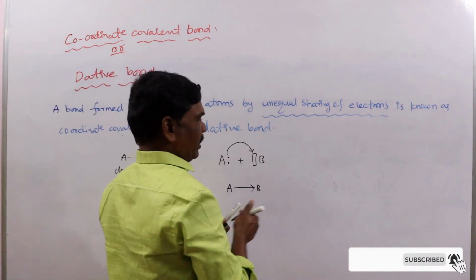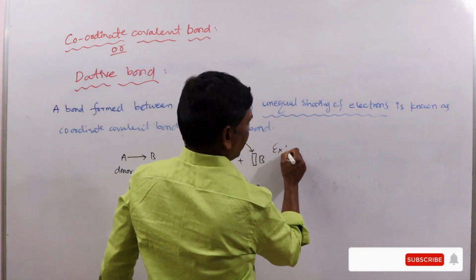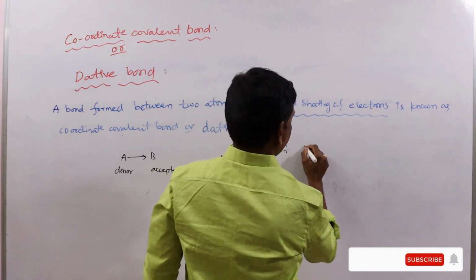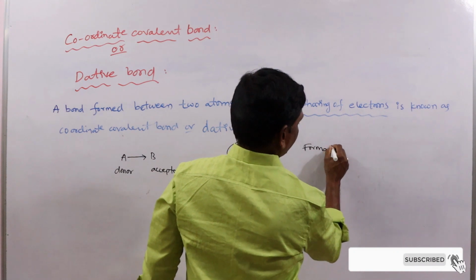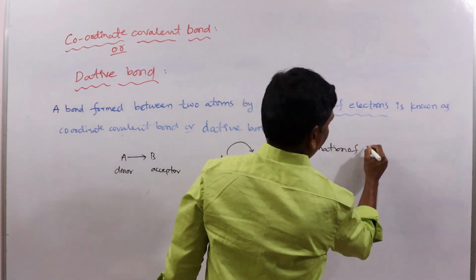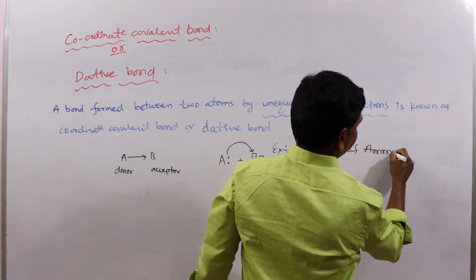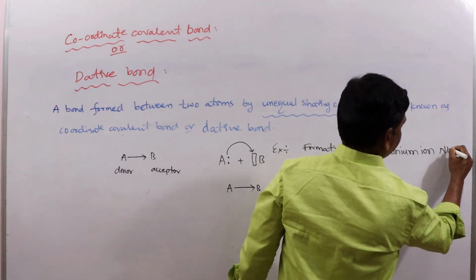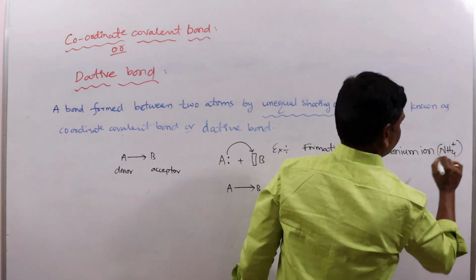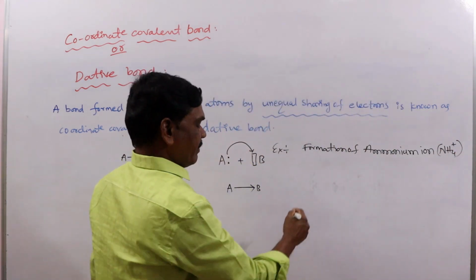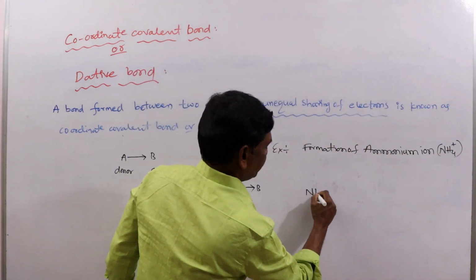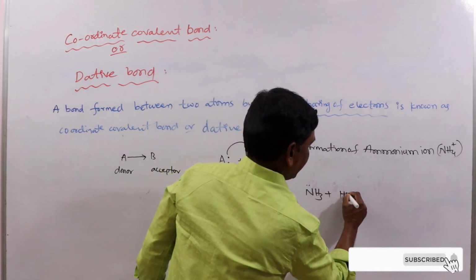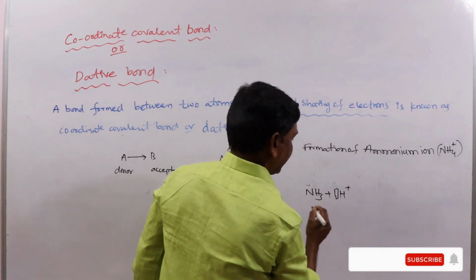In a particular example, formation of the ammonium ion, NH4 plus. In ammonia we have one lone pair, and in the H plus ion we have one vacant orbital.